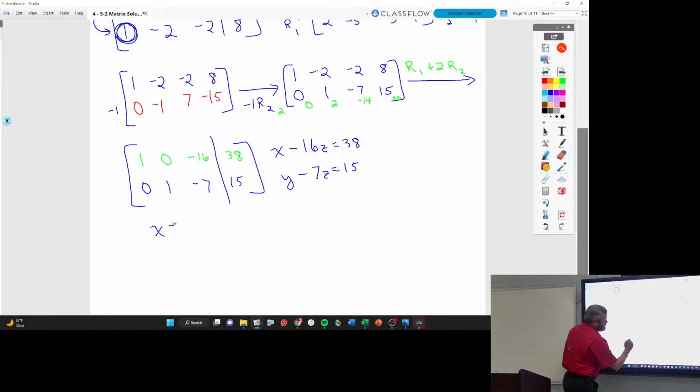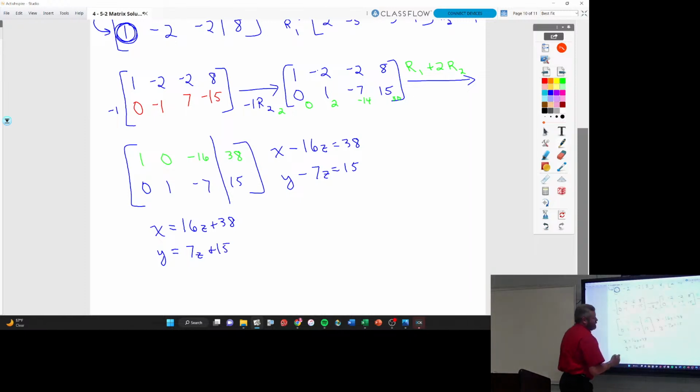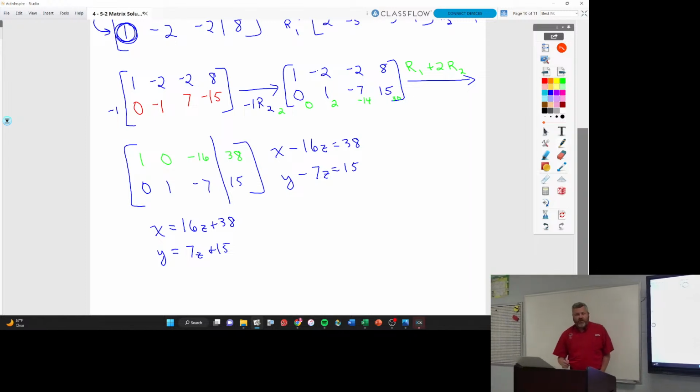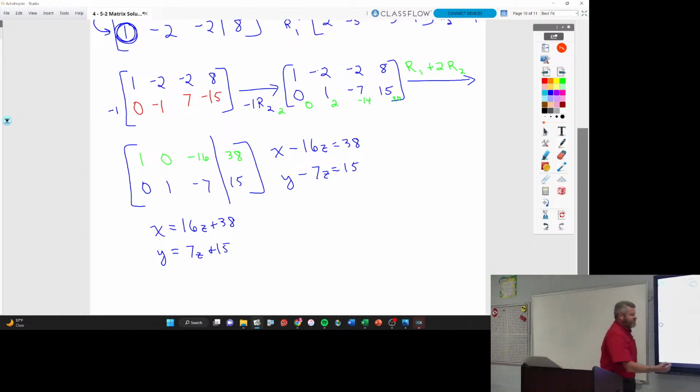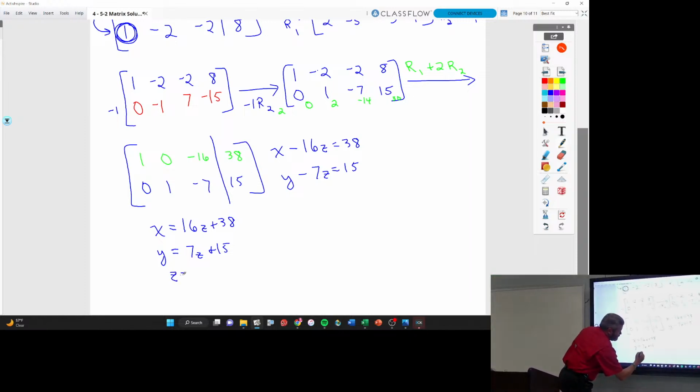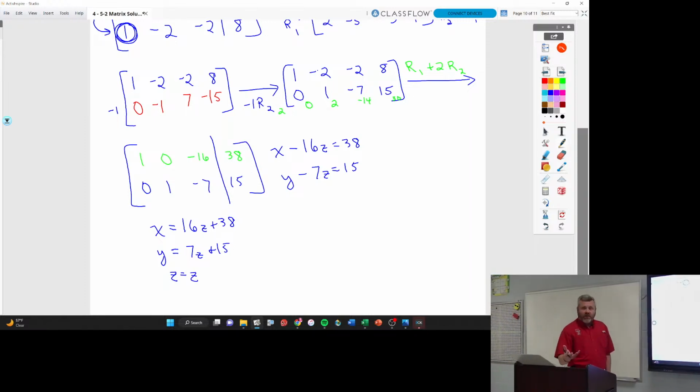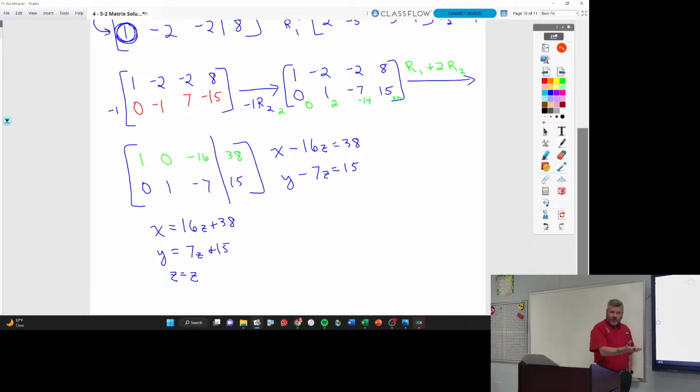So X is equal to 16Z plus 38, and Y is equal to 7Z plus 15, because we have to add 7Z to both sides. So that's the value of X and the value of Y. And what's Z? Well, Z is just Z. Z is arbitrary. I can't solve this system, but if you give me a value for Z, I can give you some more numbers that make it work.